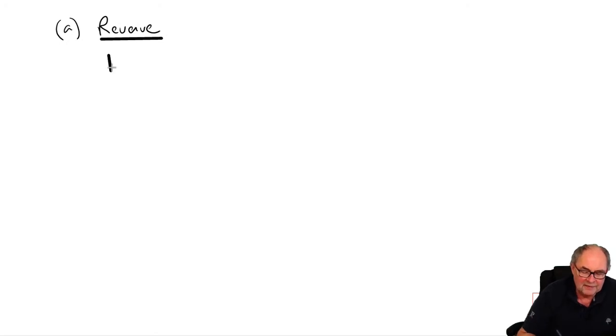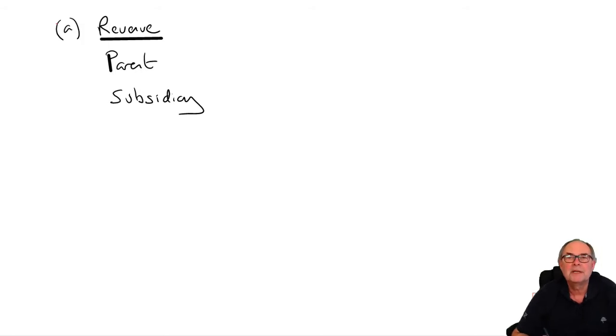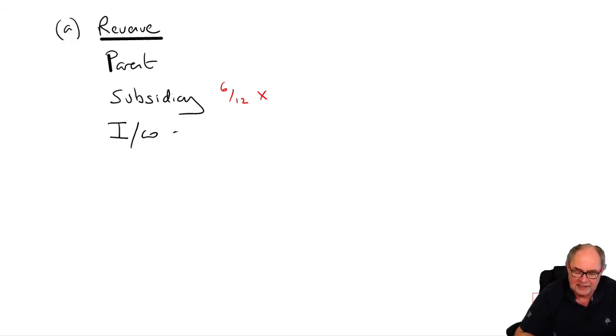So we're going to have the revenue of the parent, the revenue of the subsidiary, but it's only a subsidiary for 6 months, so it's 6/12 of something. And then we would deduct any intercompany sales, and that would give us our group revenue.